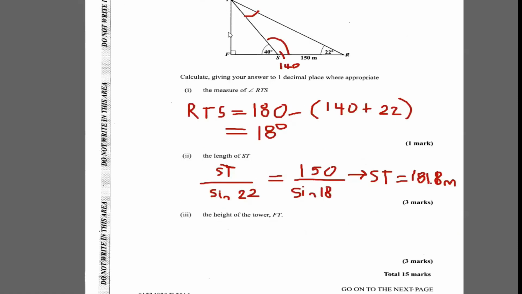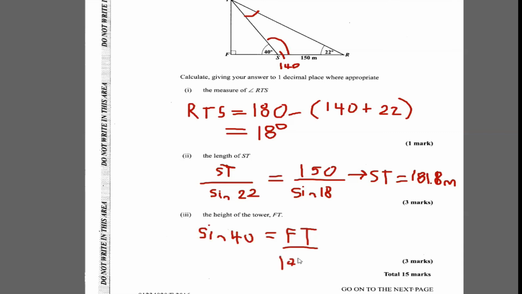Now this is opposite, and we have the hypotenuse. So let's go ahead and do that. The sine of 40 degrees is equal to the opposite, which is FT, over the hypotenuse of 181.8.